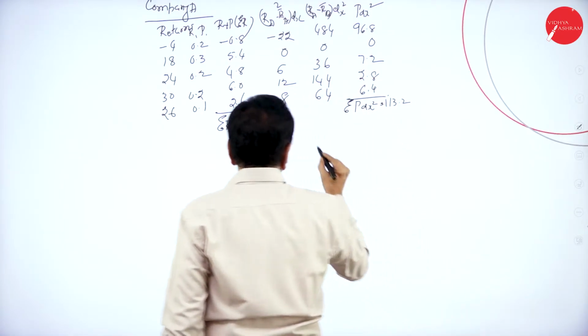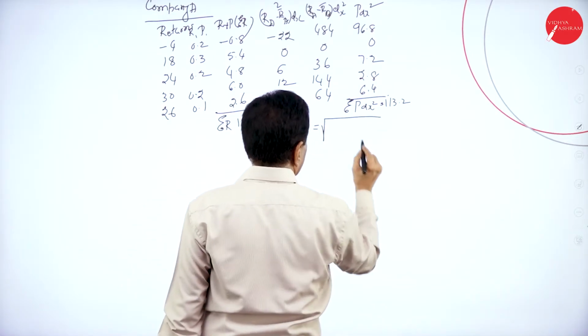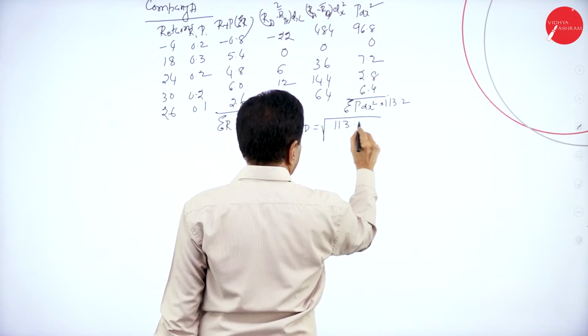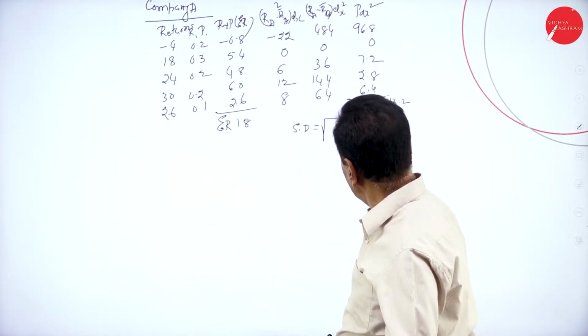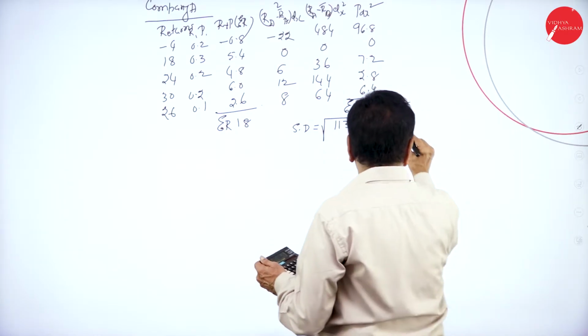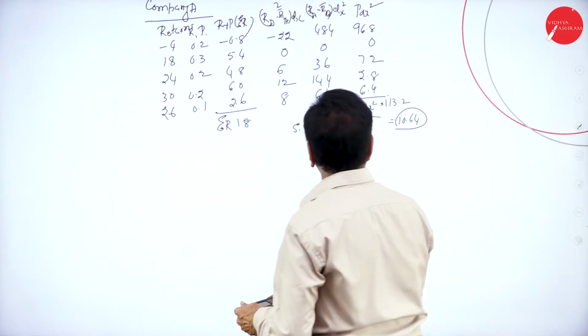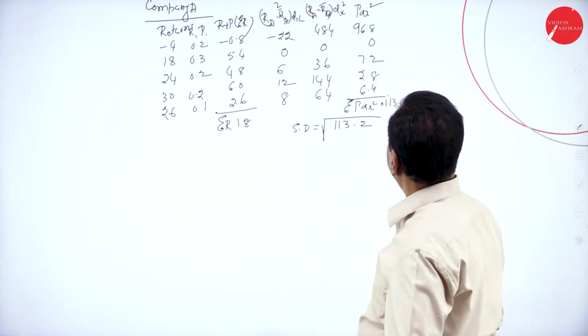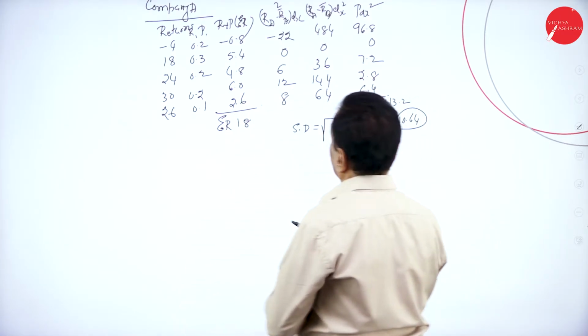Slowly, standard deviation is equal to root of 113.2. Root of this is 10.64. So you find out the standard deviation.